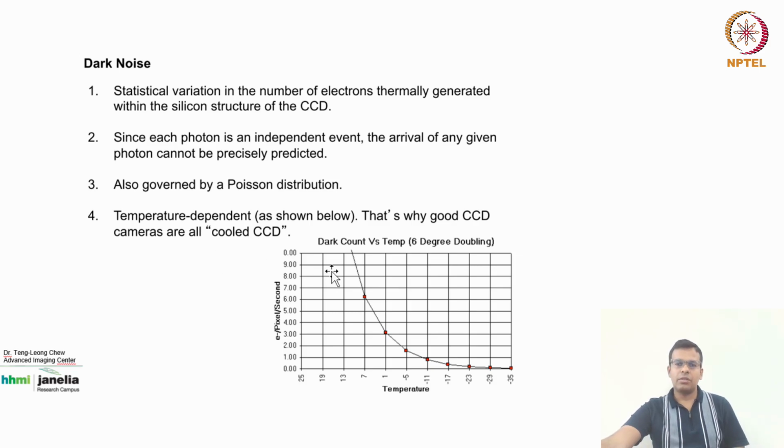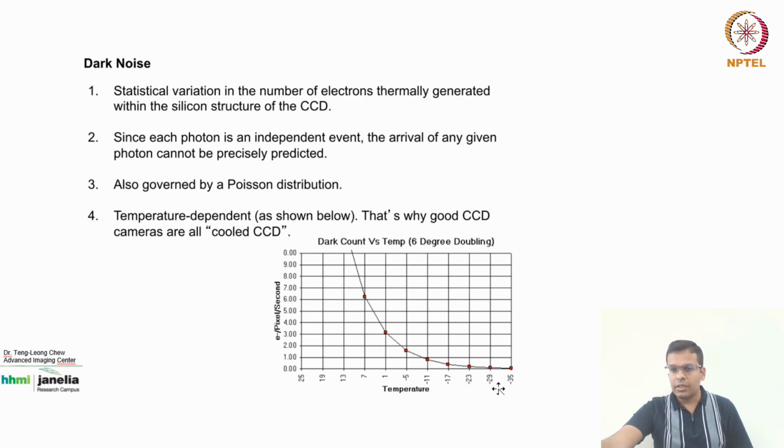So I can show you this graph. On the x-axis is the temperature, which ranges from plus 25 degrees to minus 35 degrees, and this is the electrons per pixel per second. How many electrons are produced because of the dark noise per pixel per second. You can see that as the temperature goes down, the number of electrons produced reduces.